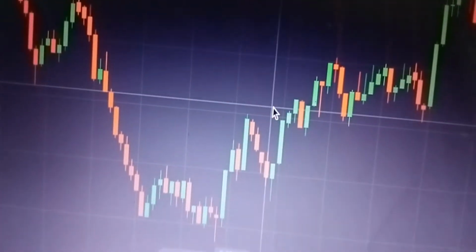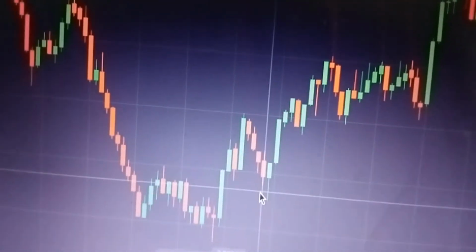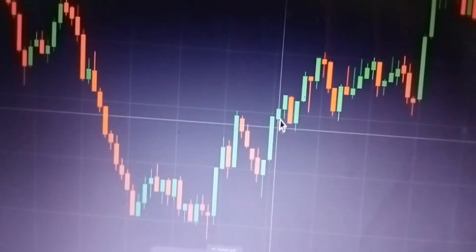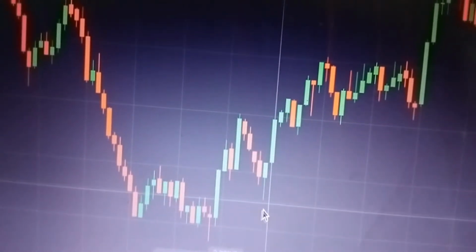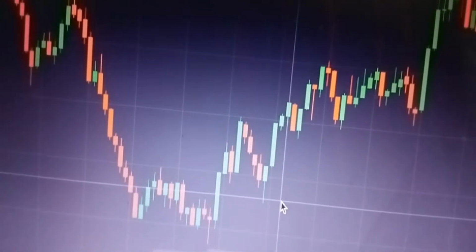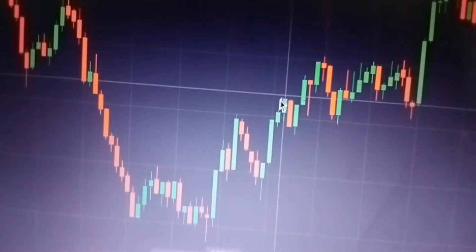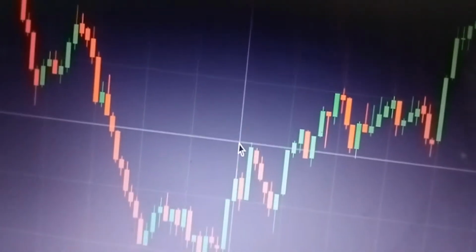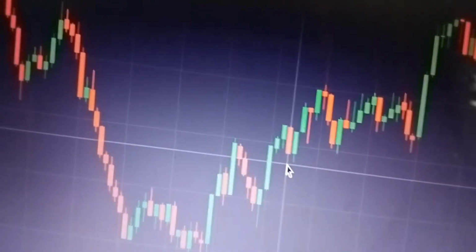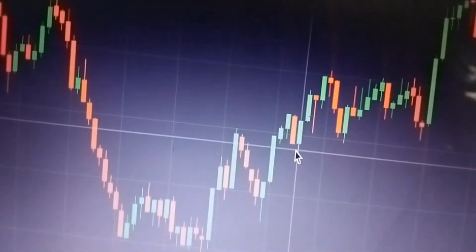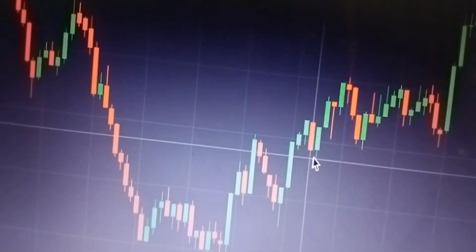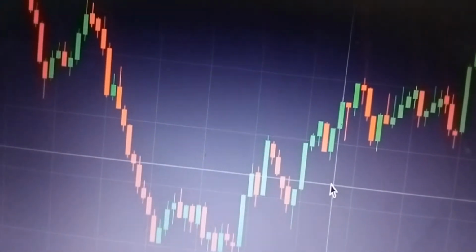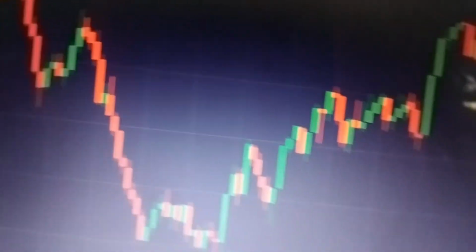Boom, we broke structure. So this swing low was responsible for this break. So we take this swing low to this swing high that retraced back after breaking this high, right? So what did it do? It stopped there. It didn't even come down to the optimal trade entry. Let me show you.